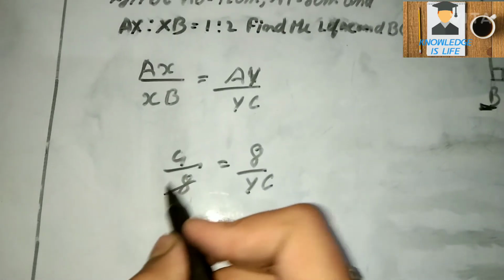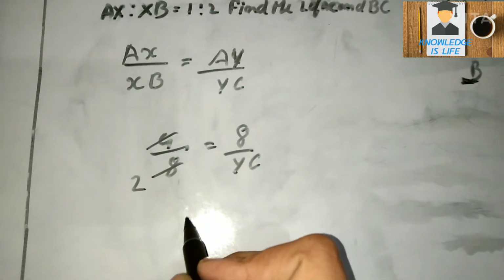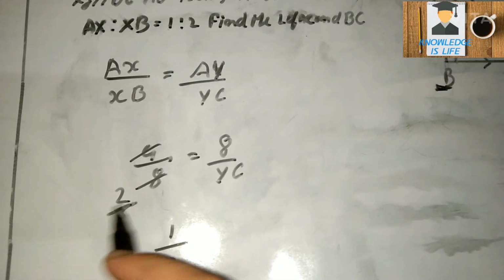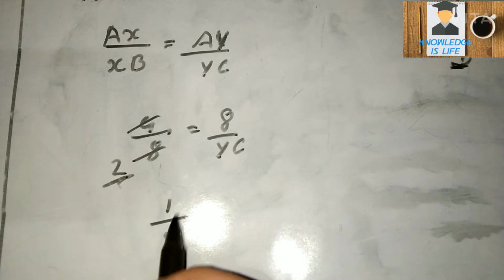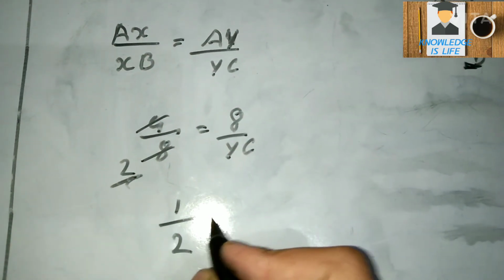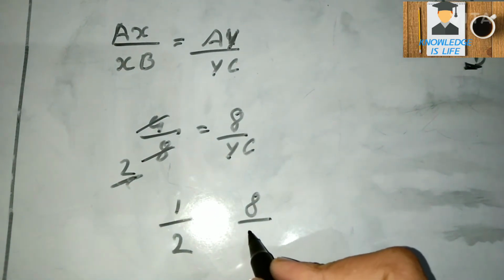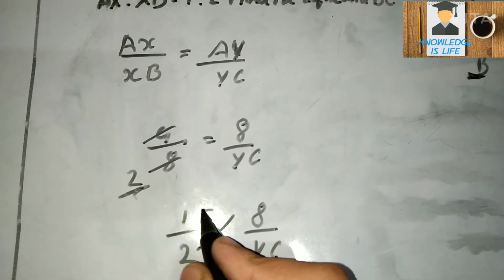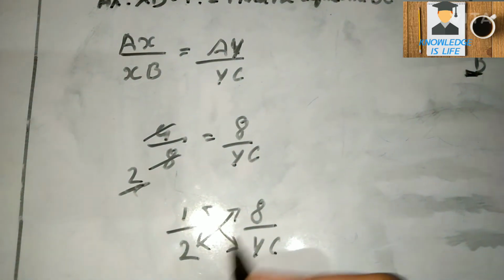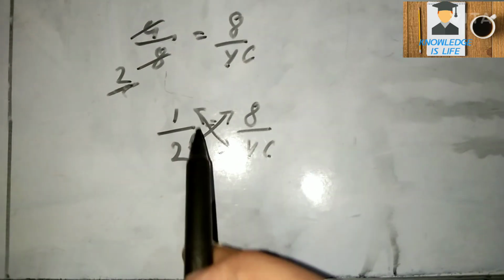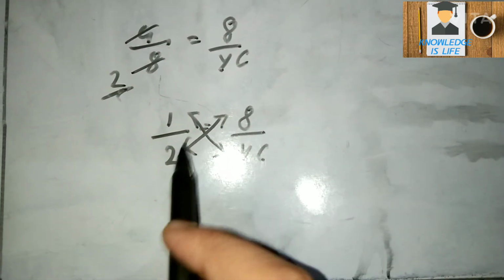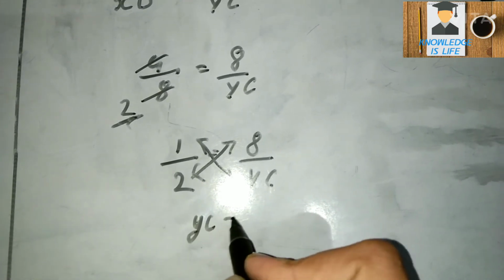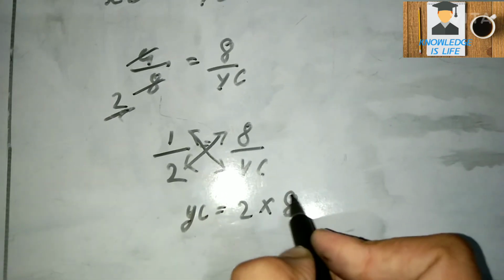If we cancel this, we will get 1 over 2 equals 8 by YC, and we will multiply these with each other. So YC equals 2 into 8.